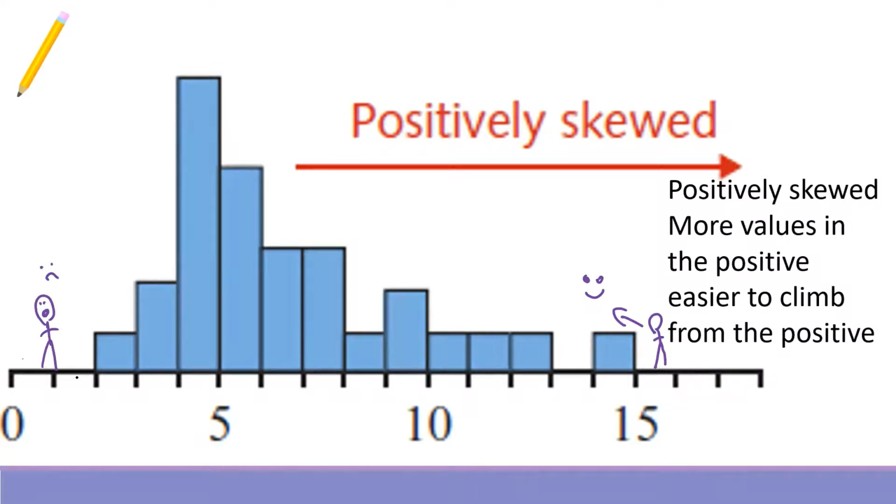Now, in mathematical terms, what does that mean? That means there are more values in the positive area, which means that you can see that there are a lot of values at 5. But then if you compare that, all these other values are spread out. It's almost like someone's taken a regular symmetrical graph, and instead they pulled it this way.